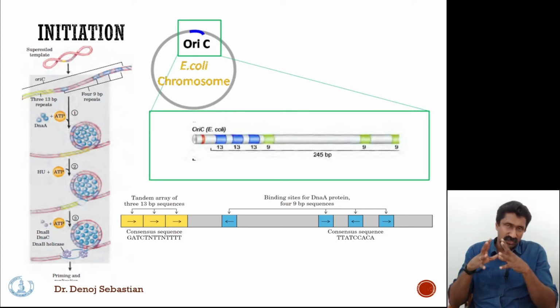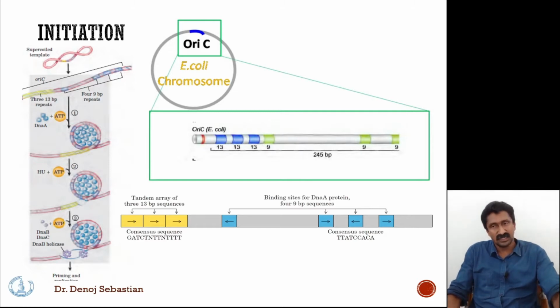in E. coli. These 13 mer and 9 mer sequences are the actual initiation points, or the unwinding region, of the DNA replication in prokaryotes. Here the supercoiled DNA is shown.